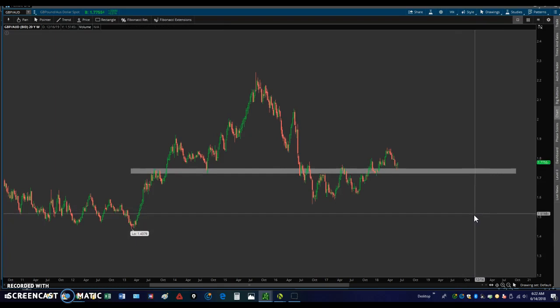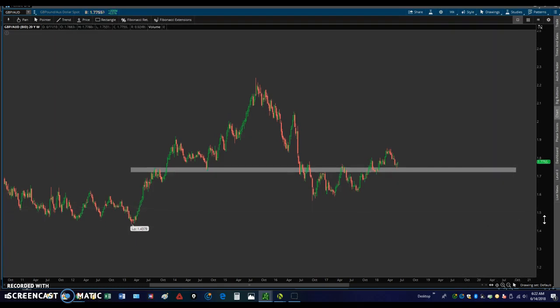I'm really excited about that, but I'm also a stay-at-home dad, so I watch my girls during the day, so I don't have a whole lot of chart time these days. So I need to make my trades count when they set up, and so for me that's swing trading.